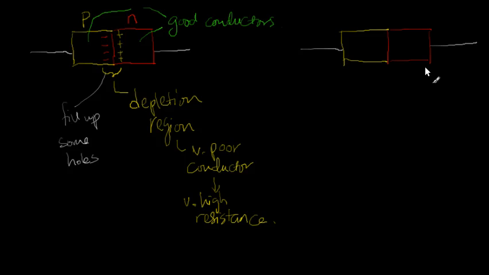Right, what I'm going to do now is connect a battery to this, so that this side is positive and this side is negative. So I might have a battery somewhere up there, and I connect the positive pole to here and the negative pole to that.